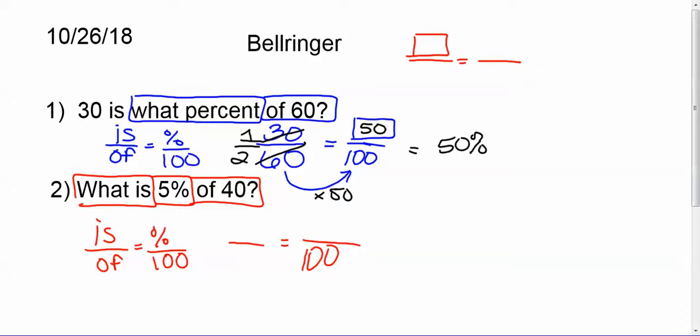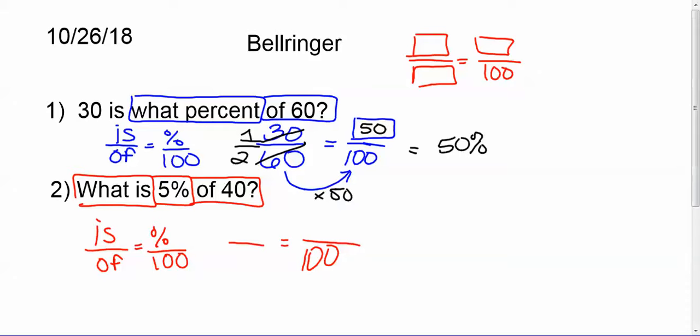Any of these 4 sections, well, the 100's given to you, but any of the other 3 sections could be the unknown spot. We've got to read the question carefully and see what we have. Getting this set up appropriately is going to make or break you on getting these questions right, because you could calculate wonderfully, but if you have it set up incorrectly, you're going to find the wrong answer.